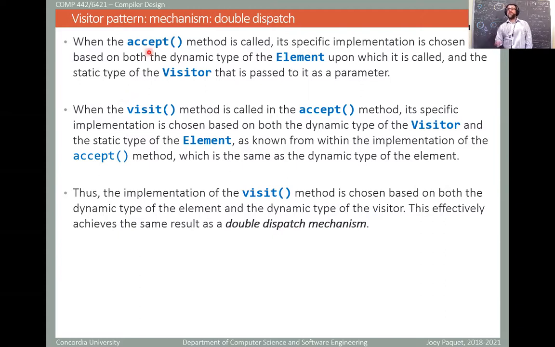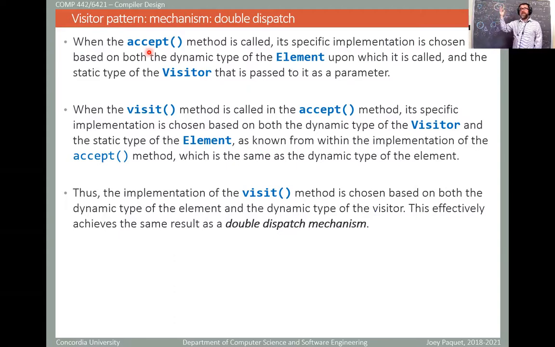First of all, what you want to do when you call accept is that eventually it's going to call visit. When you force this node to accept, what you want eventually to be called is the right visit method, both for this kind of node and for this kind of visitor that you have. That requires double dispatch. As I've explained before, languages like Java have only single dispatch.